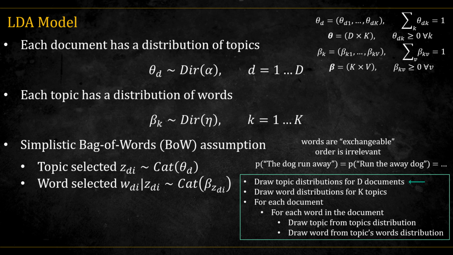Draw topic distributions for D documents. Draw word distributions for K topics. Then, for each document and for each word in the document, draw a topic from the topics distribution and draw a word from the word topics distribution. Notice that K, the number of topics, as well as alpha and eta, which are the Dirichlet parameters, are all hyperparameters that we have to decide upon beforehand.